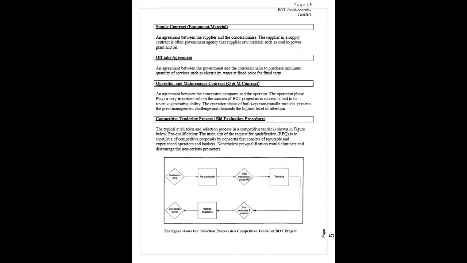So again, another contract is made with MSEB, which is a government sector company, and in that contract it is written that you have to purchase this much kilowatt or megawatt electricity daily or monthly at this rate.